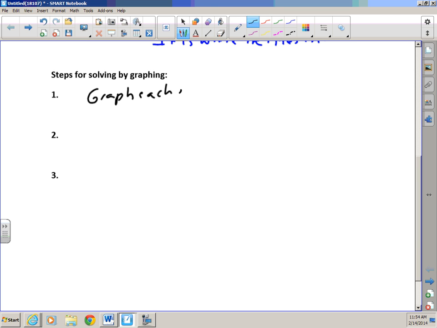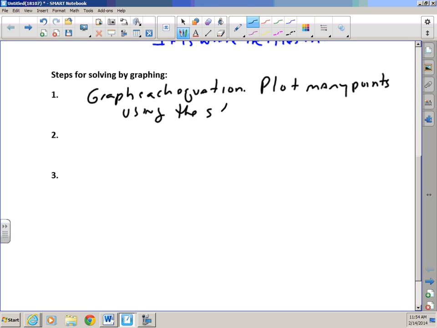The only thing that's going to be a little different is that instead of just doing 2 points, we're going to plot a number of points because we want to figure out where they intersect, and we just don't know where that's going to be. So we're going to plot many points, especially for the first line, using the slope and y-intercept, just like we've done before.